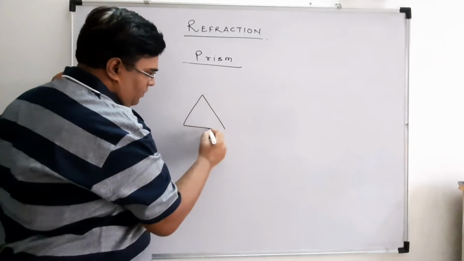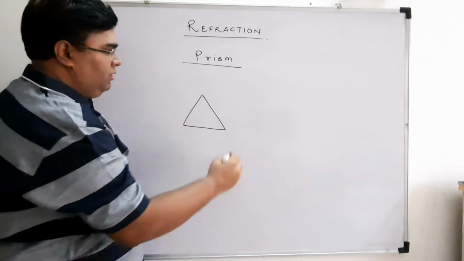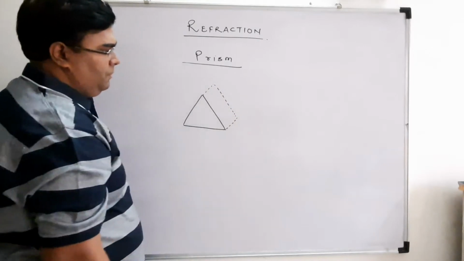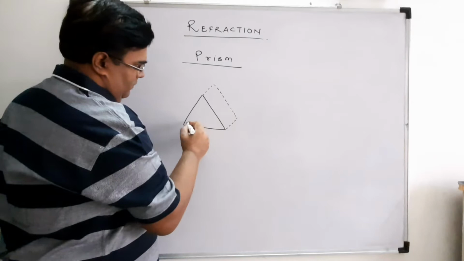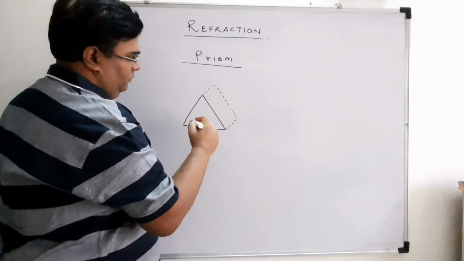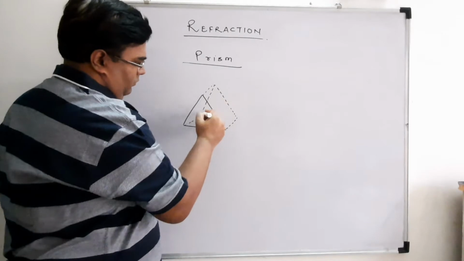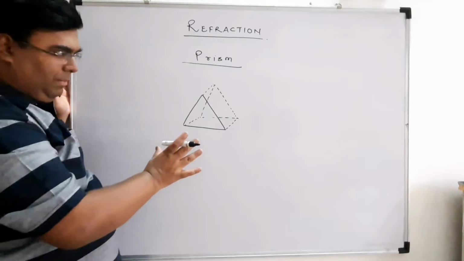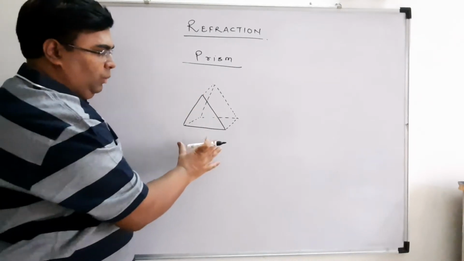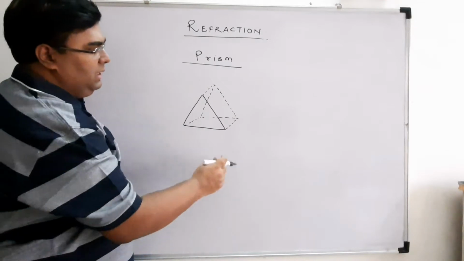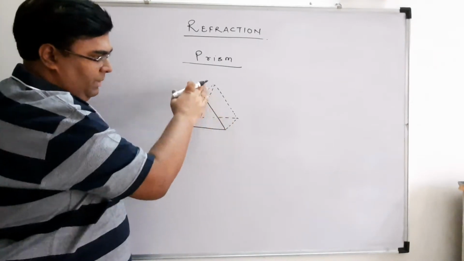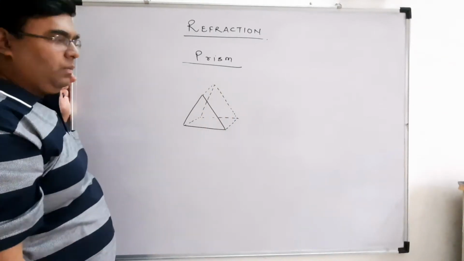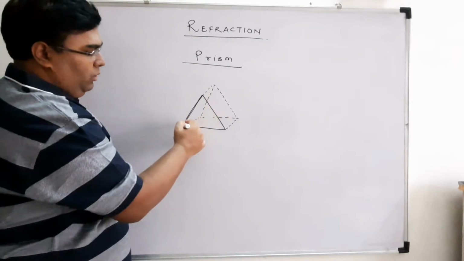If I draw it three-dimensionally, it will be a three-dimensional triangular shape object, which has basically three surfaces, the base you can say, and two planes covering the front and the backward, two triangular faces you can say.